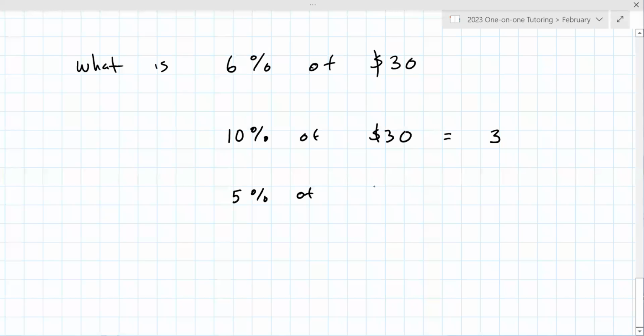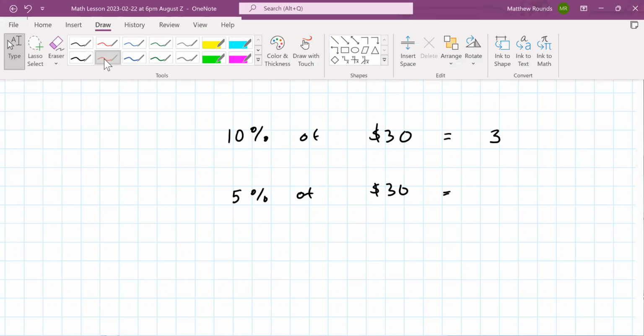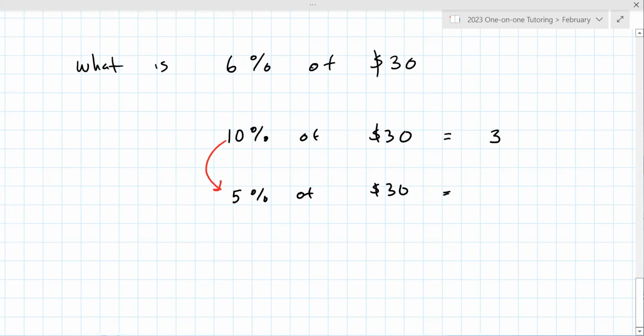Now 5% of 30, this is a little bit different. How do you go from 10 to 5? What do you multiply or divide by to go from 10 to 5? You would divide by 2. So we're going to divide this number by 2.